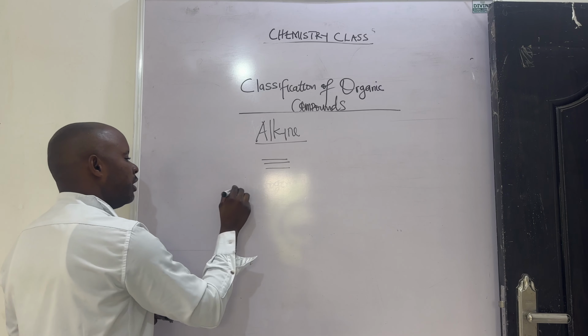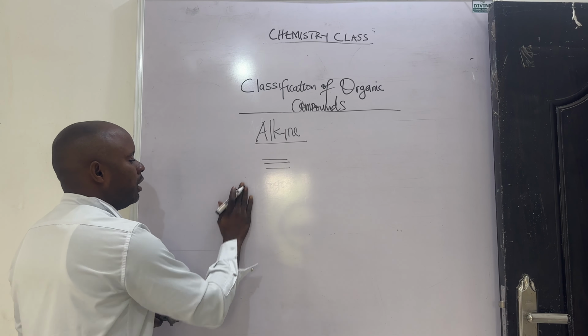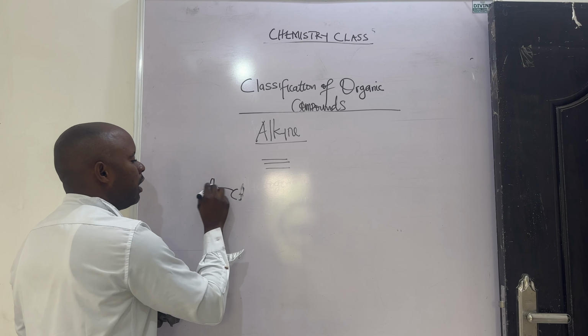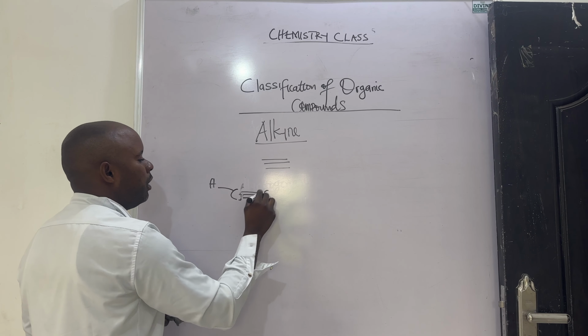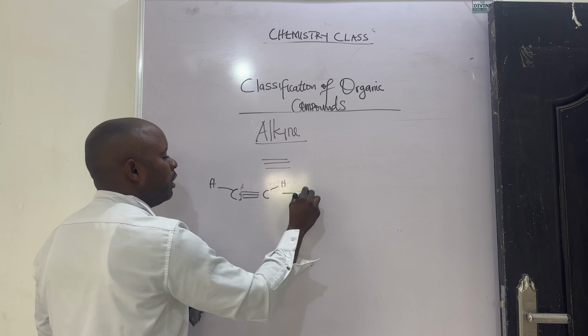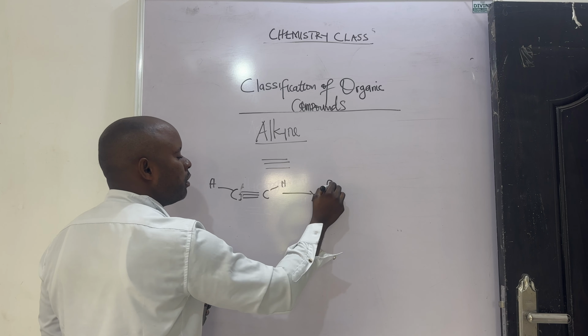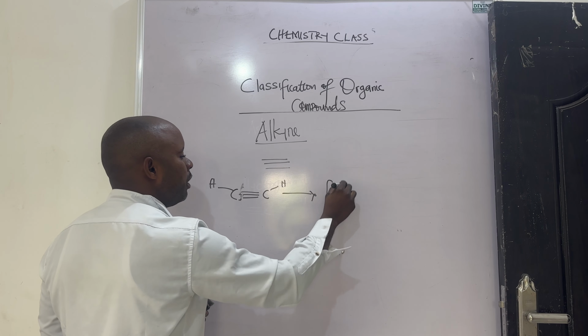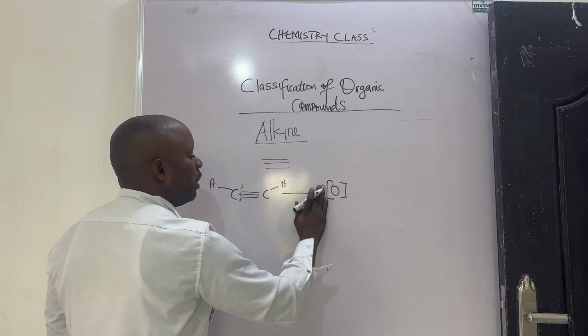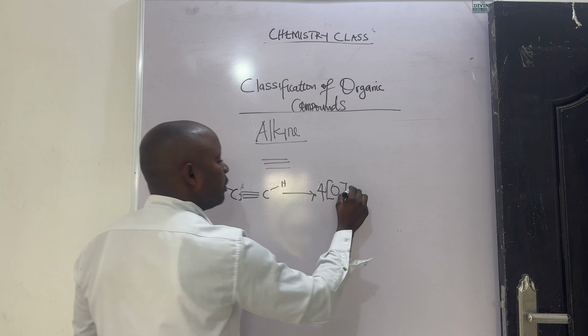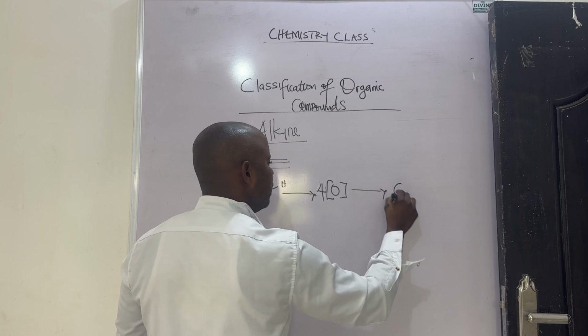So when you react with potassium permanganate, let's have the triple bond with hydrogen and permanganate, KMnO4.